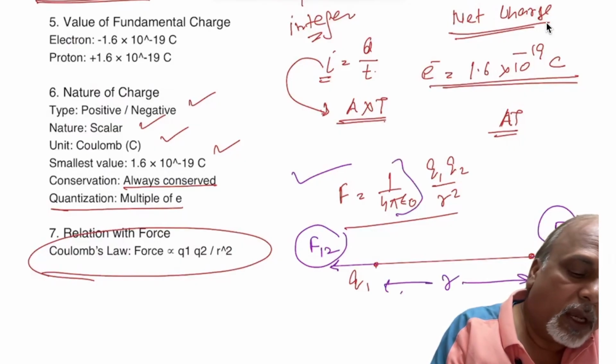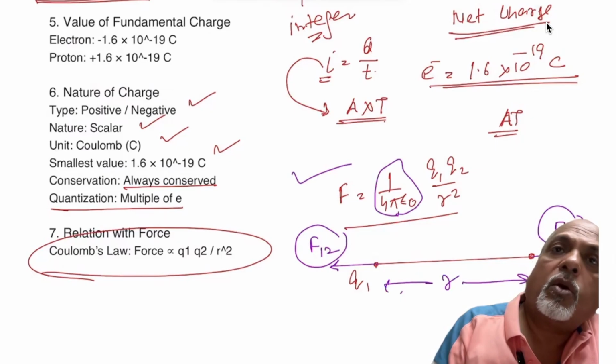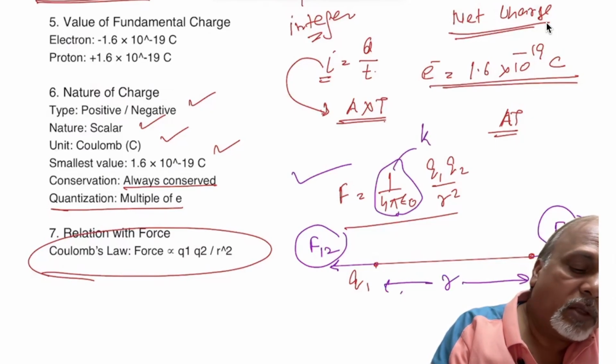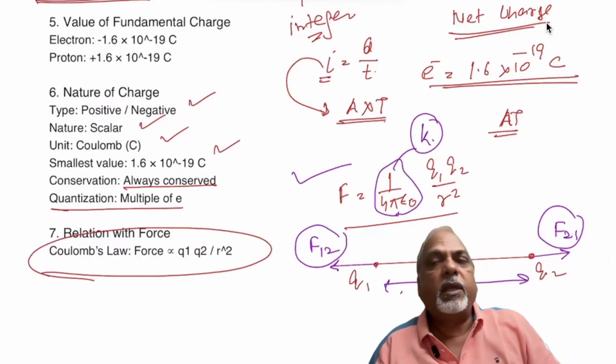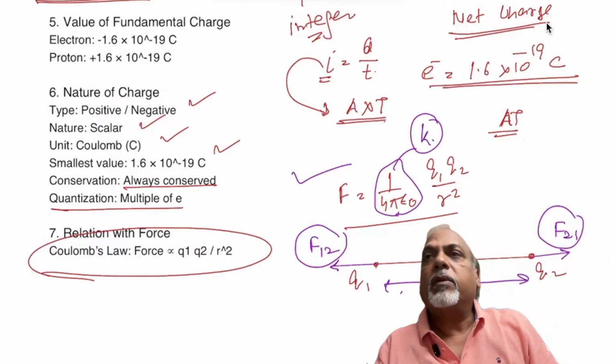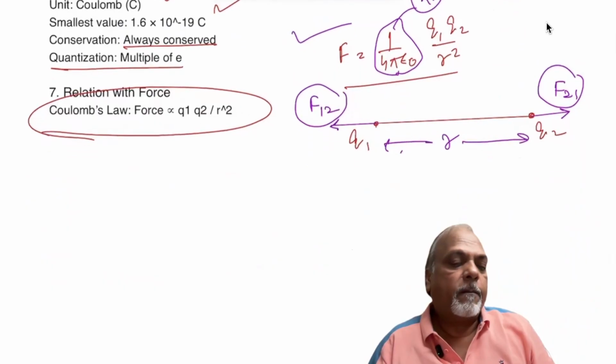What is this? This is a constant, also called K. We will see it in the coming slides. Correct?